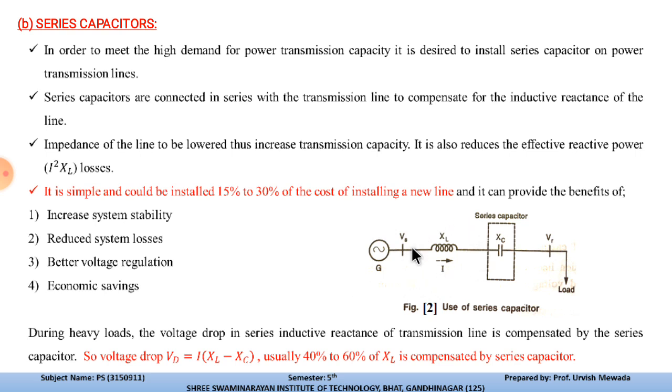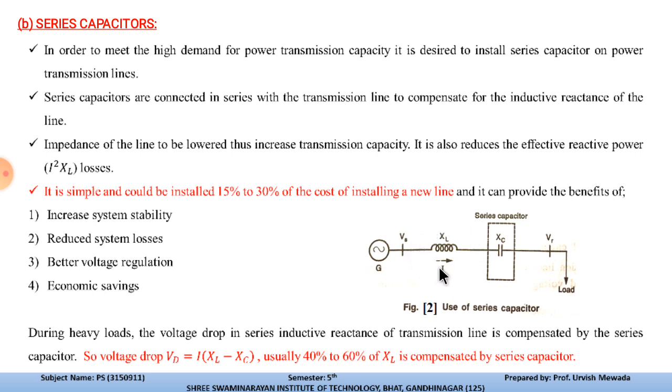As we indicate the transmission line as R plus jX, X is the transmission line reactance, and if that reactance increases, due to certain factors like increasing the temperature of the conductor, or increasing the load, the reactance of the transmission line will increase.